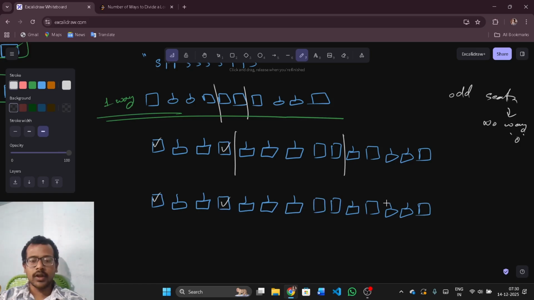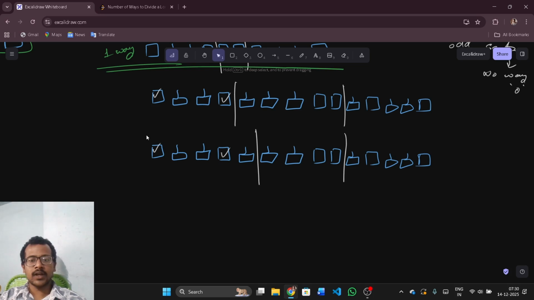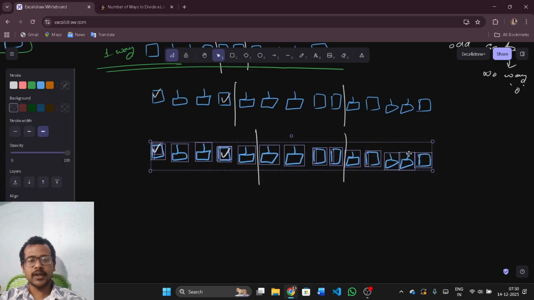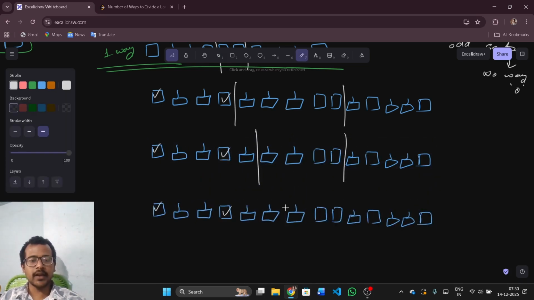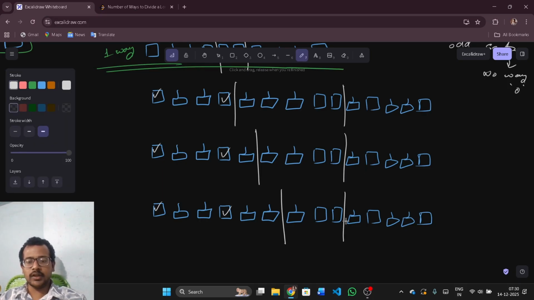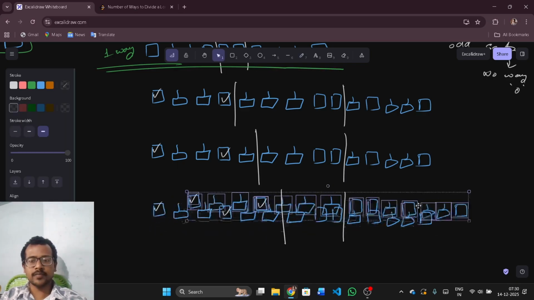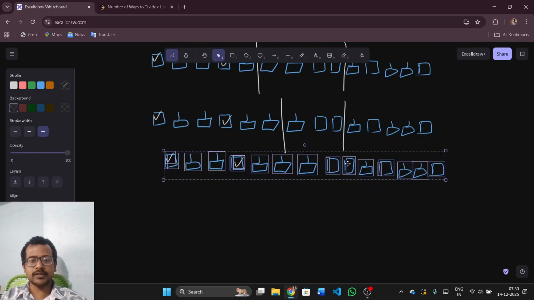No, not at all. I can place it like this. There are two seeds even now. Now I can place it like this. Then again I am taking it, and I can also place it here, or I'm placing it over here, and then I can place it like this.